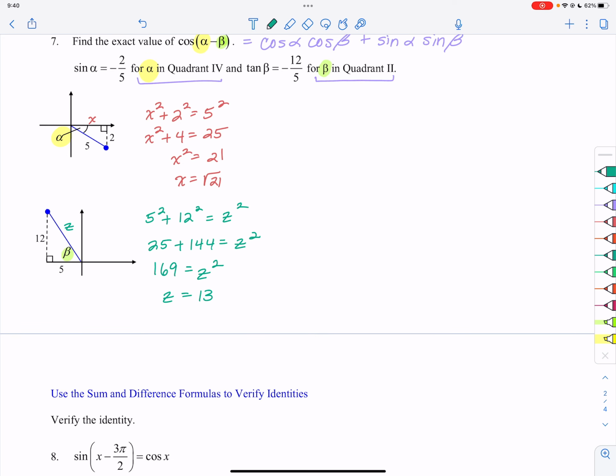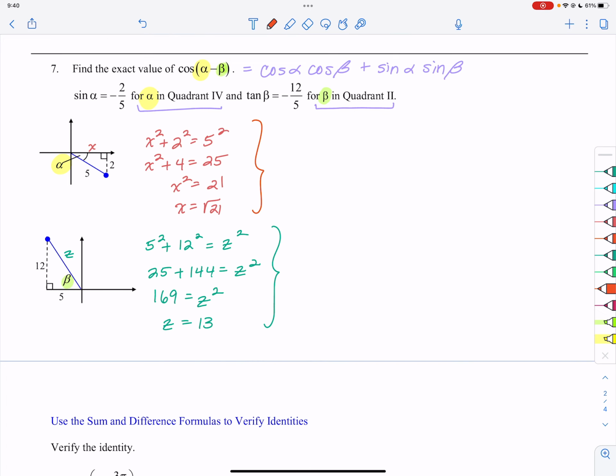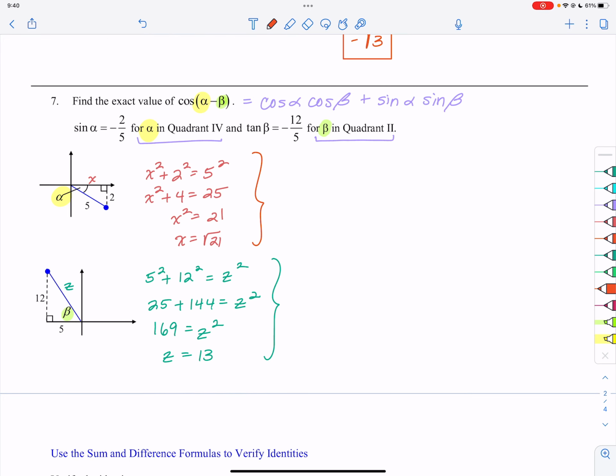Okay, so what do we have here? Well, if we need the cosine of each one of these angles and the sine of each one of these angles, why don't we go ahead and find that? The sine of alpha and the cosine of alpha. So the sine is the opposite, which would be 2 over that hypotenuse, which is 5.